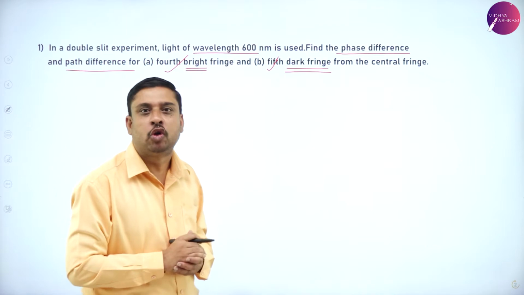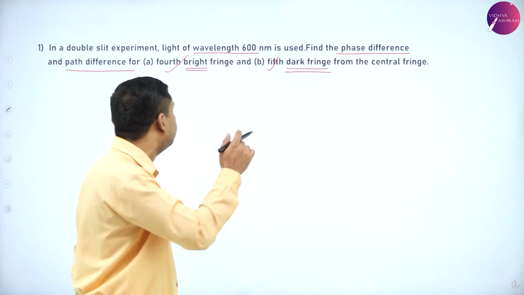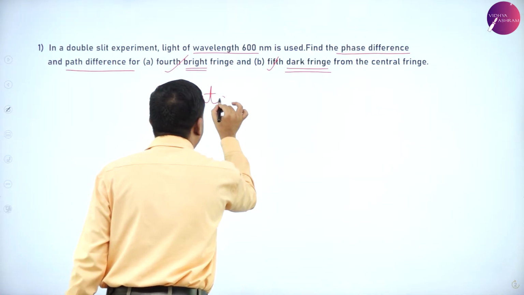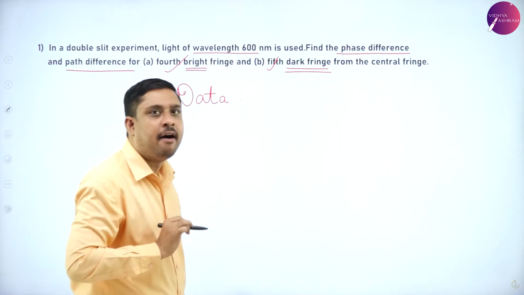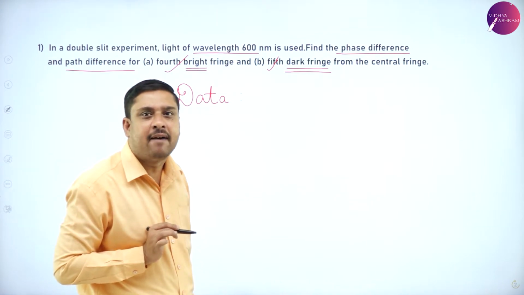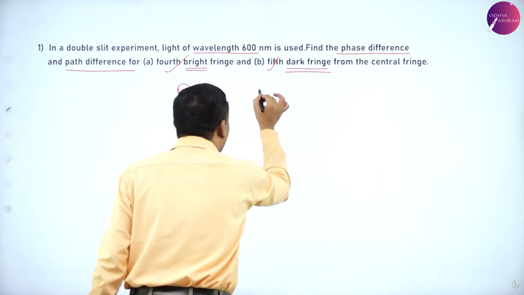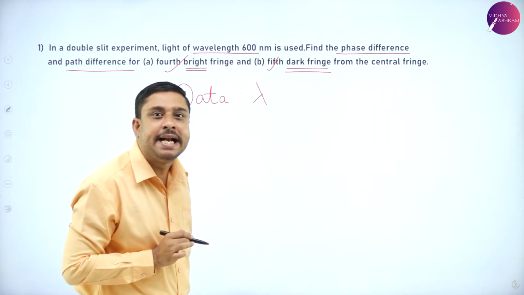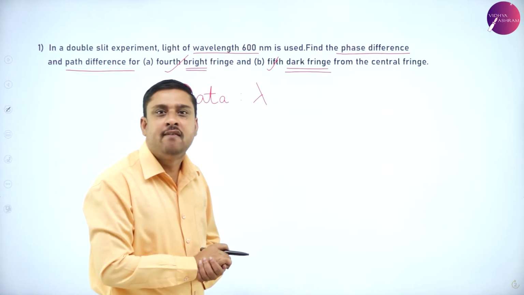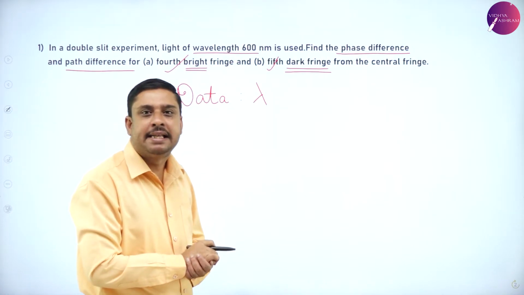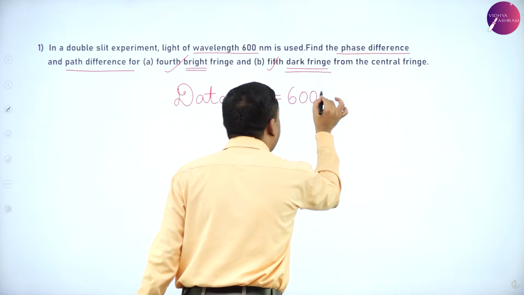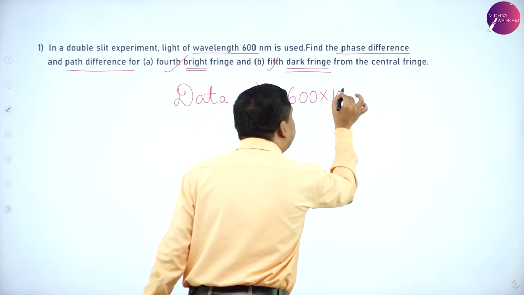Now, we will go to the solution of this problem. First, as we usually do, the data, and the only data that is available is wavelength of light represented by lambda. Wavelength is always represented by the symbol lambda, which is 600 nanometer.